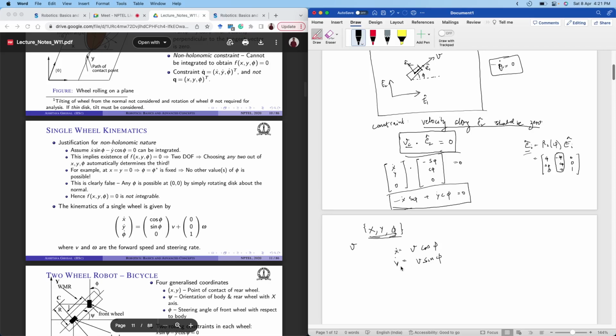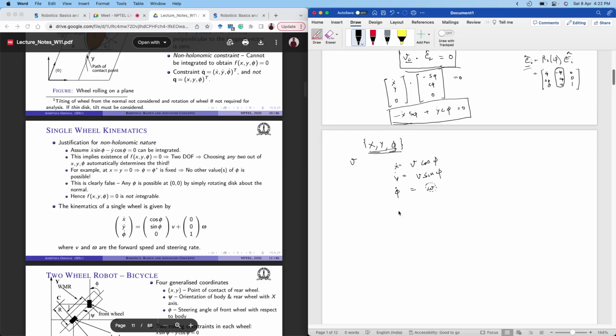Okay, and then what is phi dot? Phi dot is essentially the rate at which it is being rotated. Okay, because it has to be an external agency that changes this phi, because it cannot change on its own in this setting. Okay, so if you want to write this in matrix form now, this gives the form of the equation that is there in the notes here.